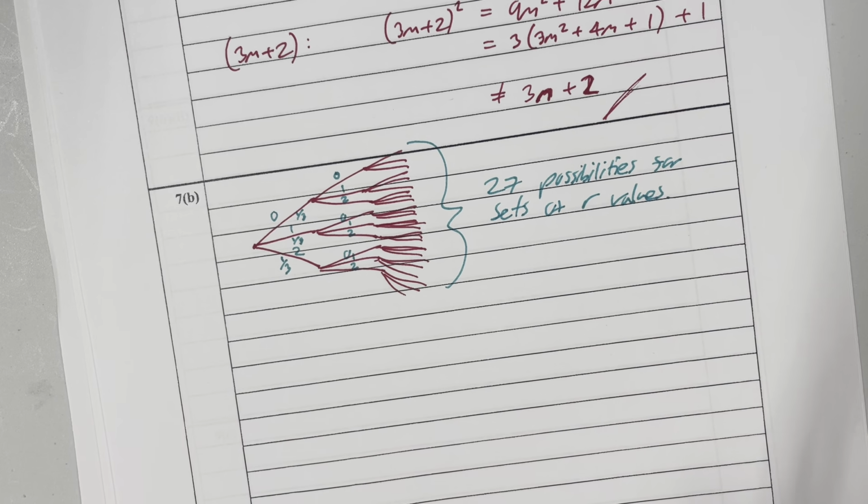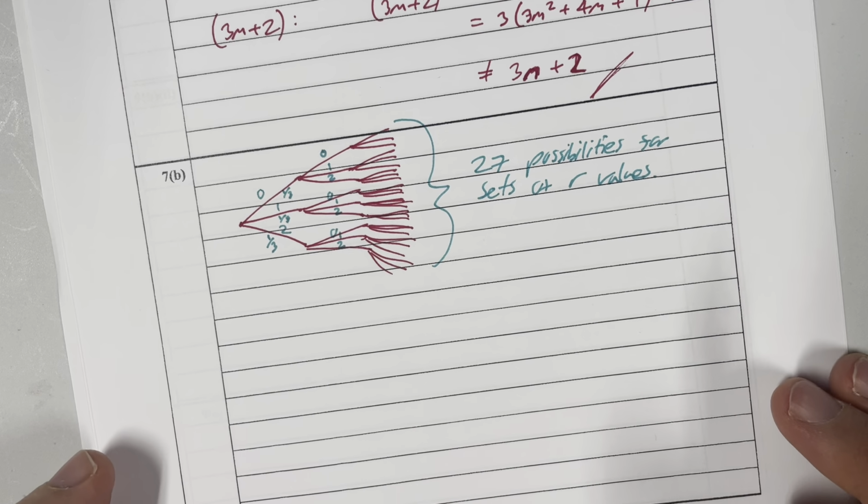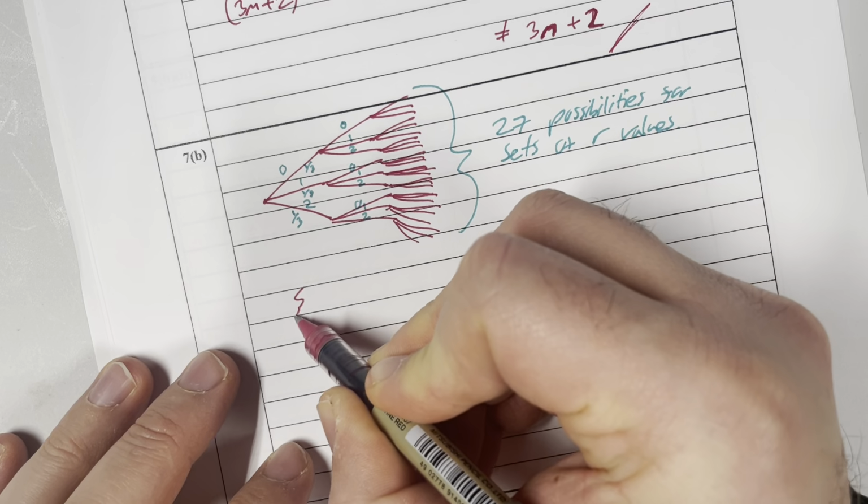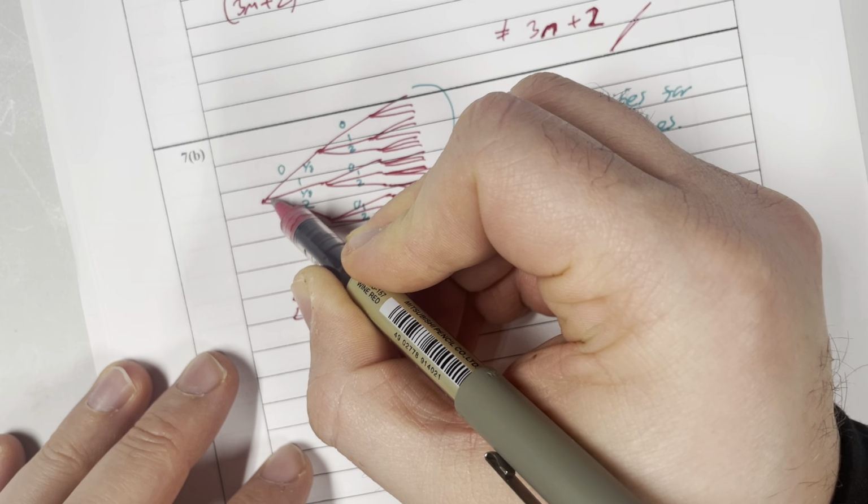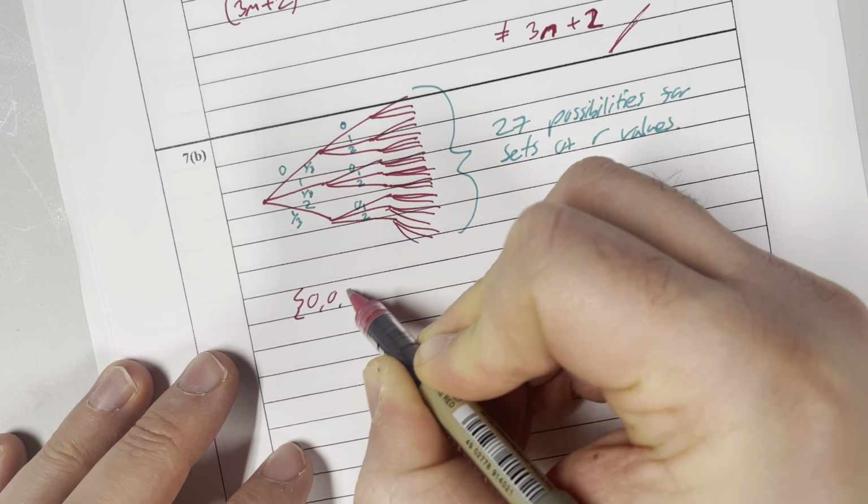Of those 27 possibilities, when we sum those numbers together, what is the probability that they are a multiple of 3? We need to consider sets of r values. If I choose 0, 0, 0, that is one set.